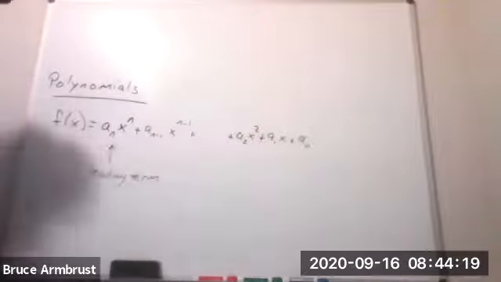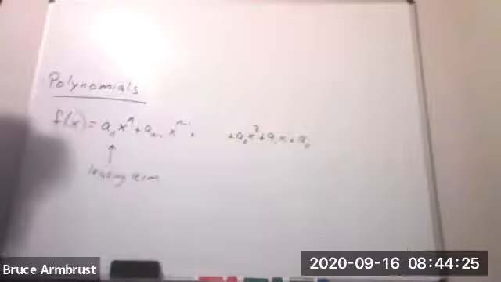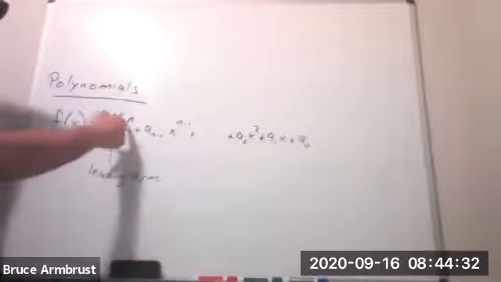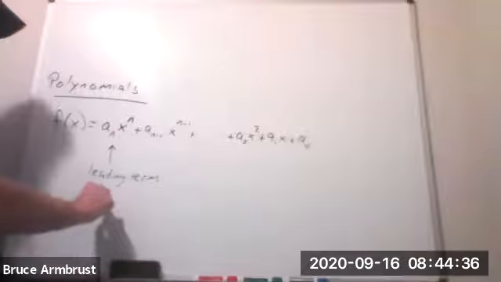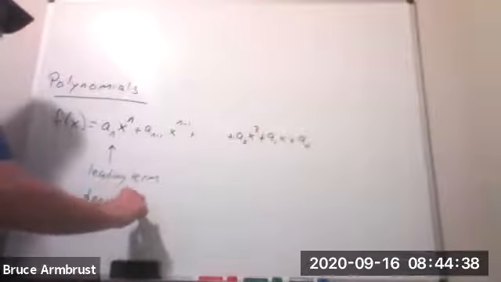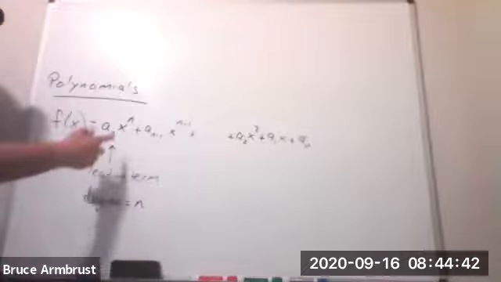So it's the one with the highest degree, and we usually do write them from highest to lowest degree, but that's not always the case. Sometimes we switch it around. But this one's called our leading term, and that exponent is what we call the degree. So the degree of the polynomial is n.